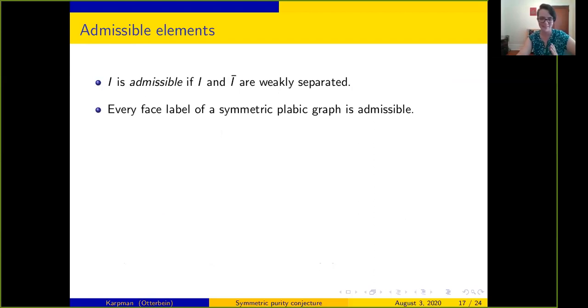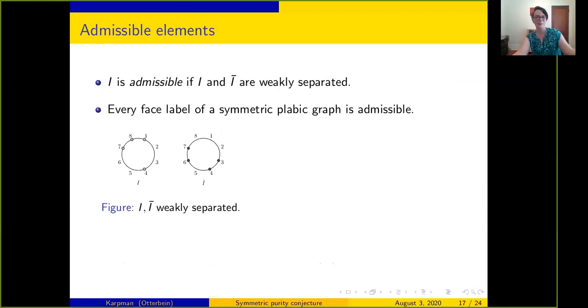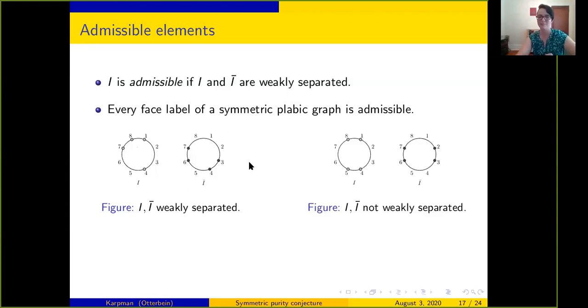We call elements that follow that rule admissible. And from the discussion on that last slide, what it means to be admissible, what it means to be weakly separated from your own reflection, is that if we do one of these visual representations and we scan from top to bottom, you have to either have all of your full pairs above all of your empty pairs, or vice versa.